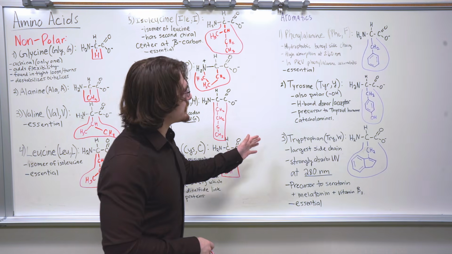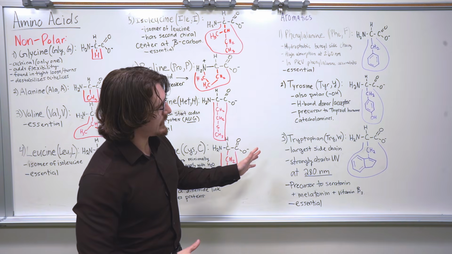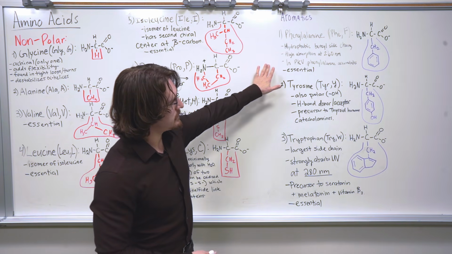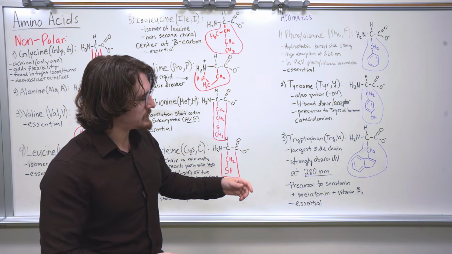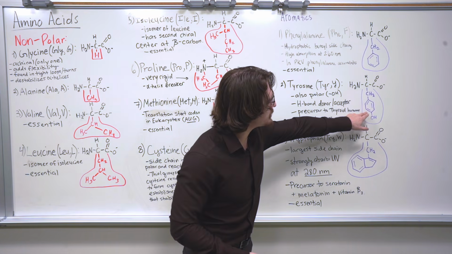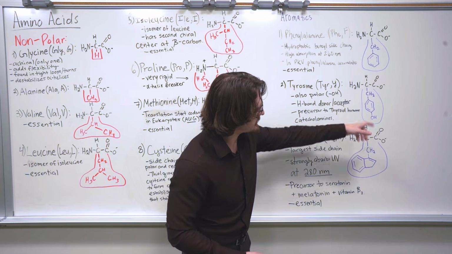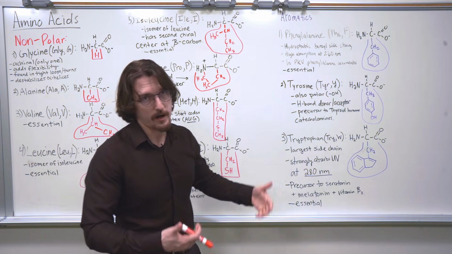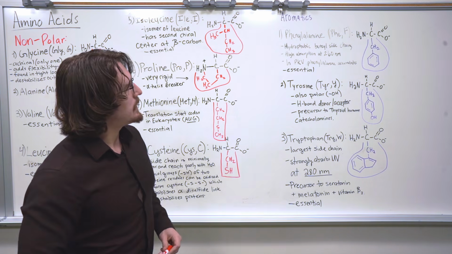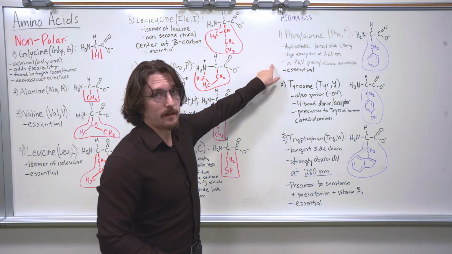Now, also here, we have the aromatic amino acids. Now, the first one of these, and the reason they're aromatic is because you might notice that they have these special rings in the side chains, and these are called aromatic systems or aromatic rings, okay? Now, the first of these is phenylalanine.